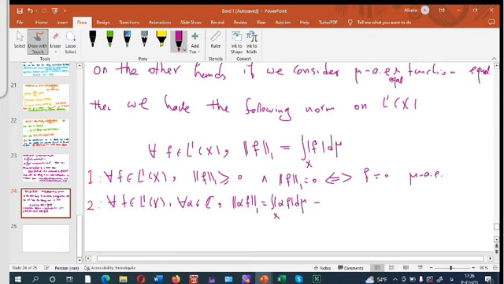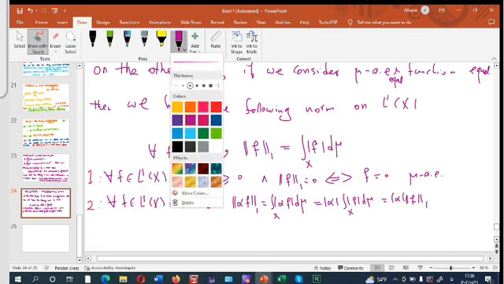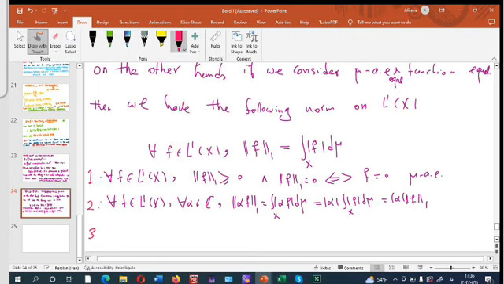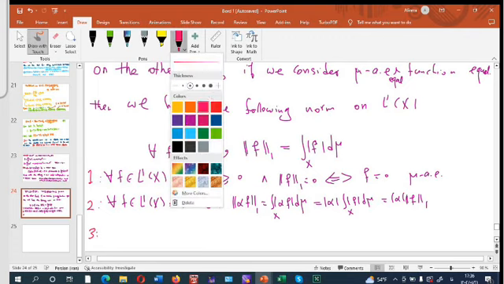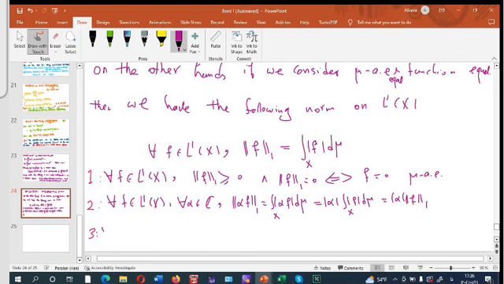And we know that this is equal to the absolute value of alpha multiplied by this integral, but this is the norm of f, so that this is equal to this multiplication. And finally, for any f and g in L1 of X.